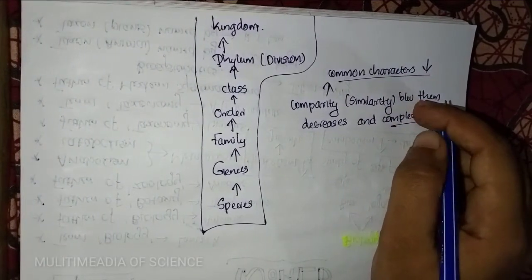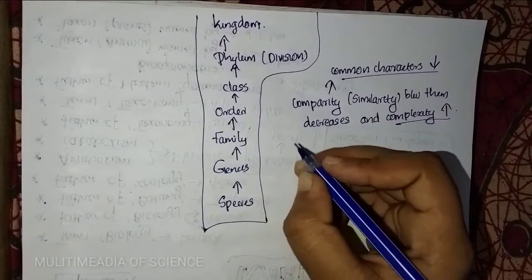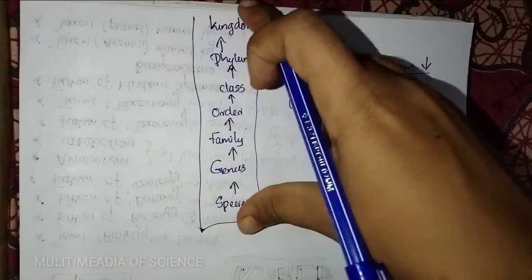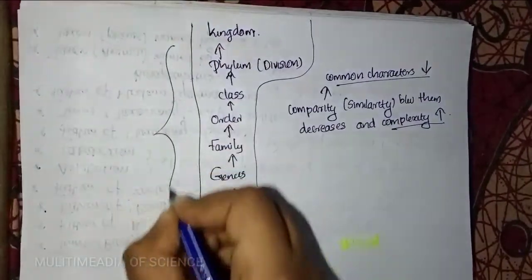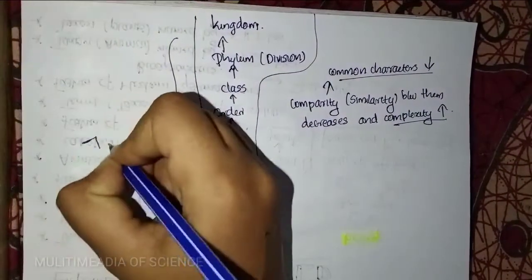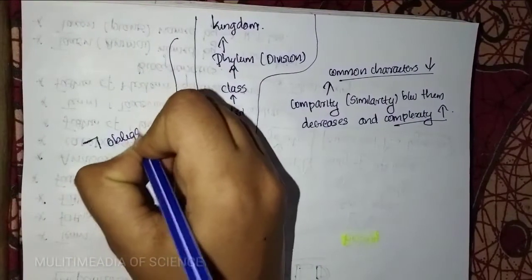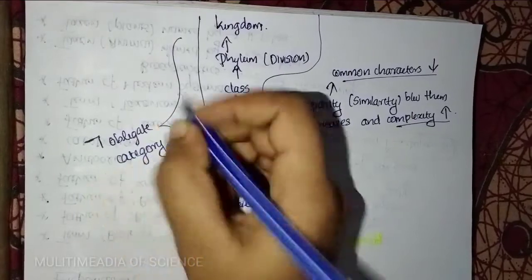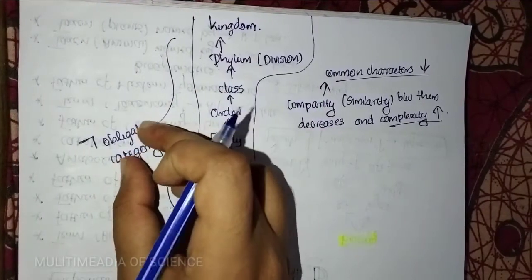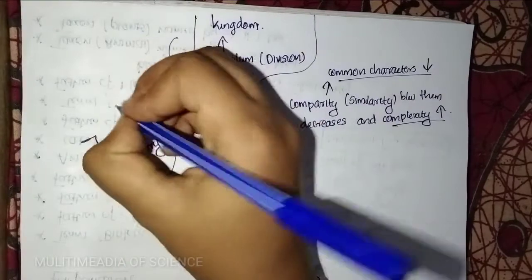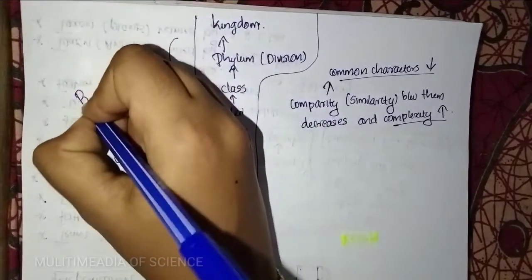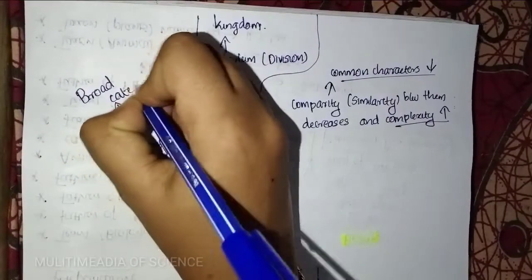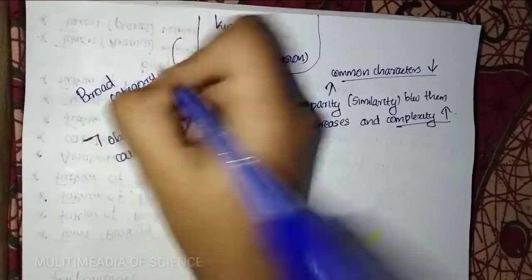Then next is about obligate categories. There are 7 obligate categories. Another name for obligate category is what? Broad category. Broad category is the other name for the obligate category.